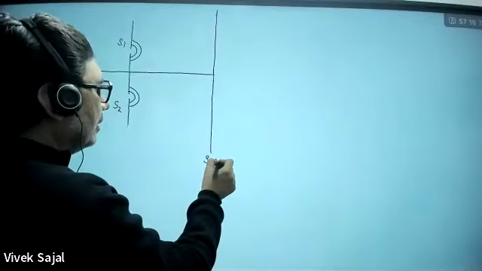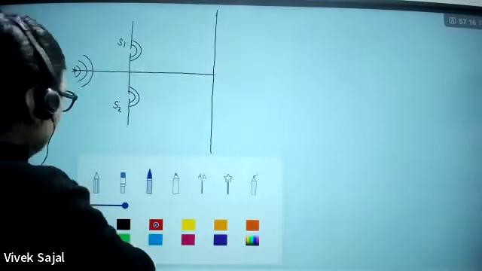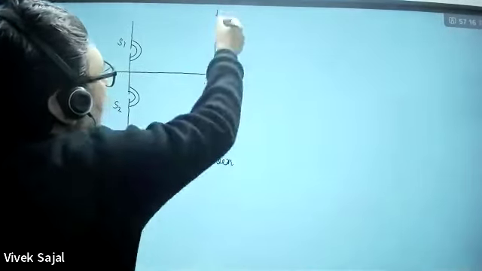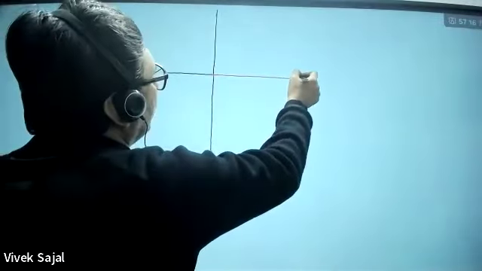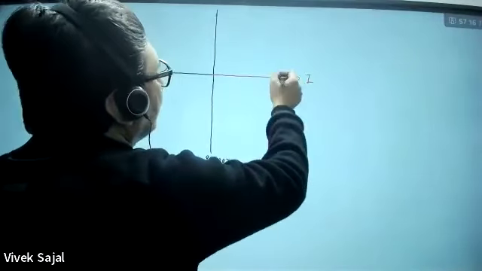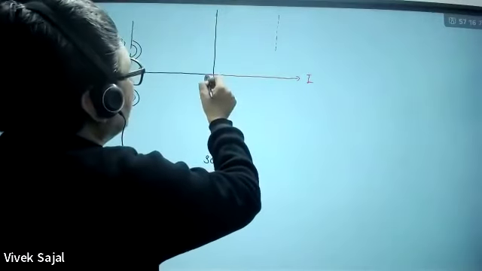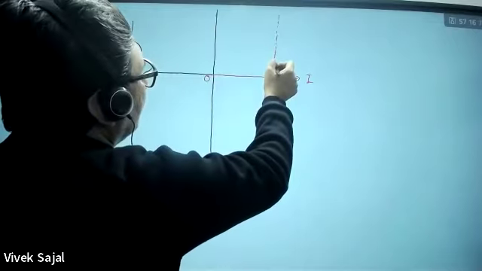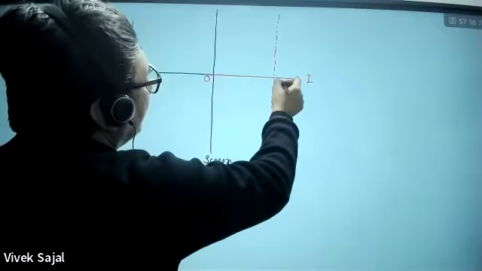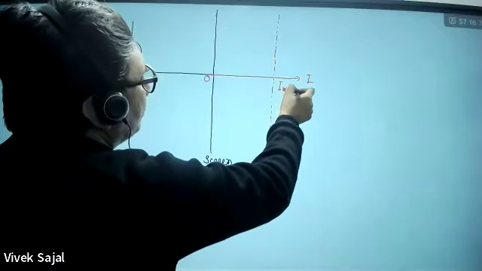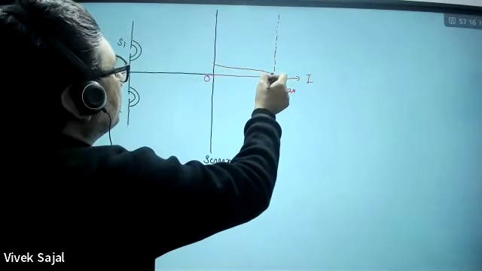This is called the screen. And what type of pattern are you going to get here? So here, I'm going to plot delta phase, and here you are going to have intensity. Suppose this line is zero intensity, and on this axis you have maximum intensity. What I plotted here, this line, is representing Imax. So try to understand, you are going to get this type of fringes.